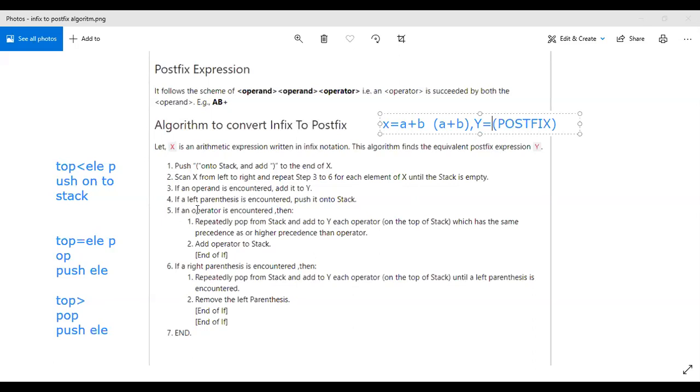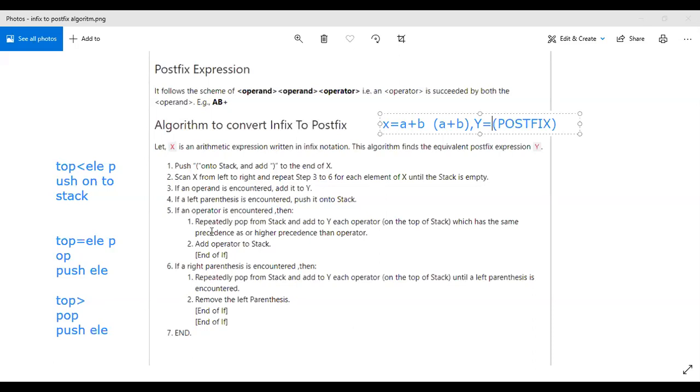Next, step 4. If a left parenthesis is encountered, push it onto the stack. While scanning the infix expression X, if a left brace is encountered, push it onto the stack. Next, step 5. If an operator is encountered, this is the main thing you have to understand. In the previous example, it was step 3; in this algorithm, it is step 5.